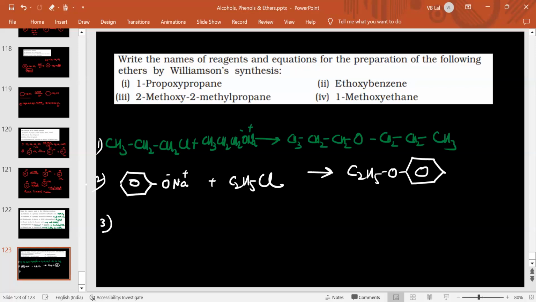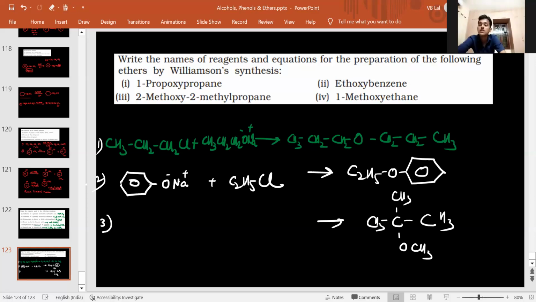Then the third one, 2-methoxy, 2-methyl propane. So let us write, this is propane, 2-methoxy, here OCH3, and 2-methyl, here CH3. Now who will tell me which combination? One side it is tertiary, one side it is primary.